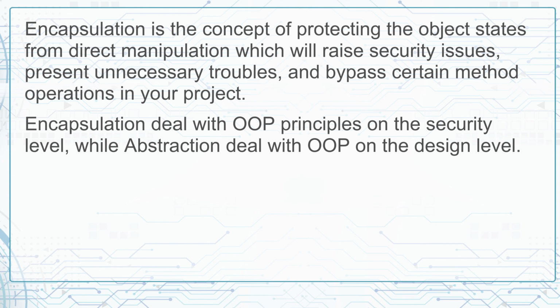In general, encapsulation is the concept of hiding your object states or your class attributes from direct manipulation. So you give your attributes inside the class a private access modifier, for example, and you only allow the manipulation of these attributes through some public methods. Inside these methods, you may want to apply some logic.